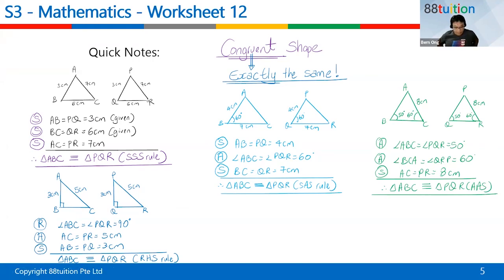You need to be able to prove certain rules like SSS, RHS, SAS, AAS. Remember not to have the ASS only. So these are some of the combinations, and the flow must be correct. Sometimes the question might give you the correct dimension, you just got to put it in. Sometimes they never, you have to go and find out yourself. No choice. So next time we will encounter more of such questions.